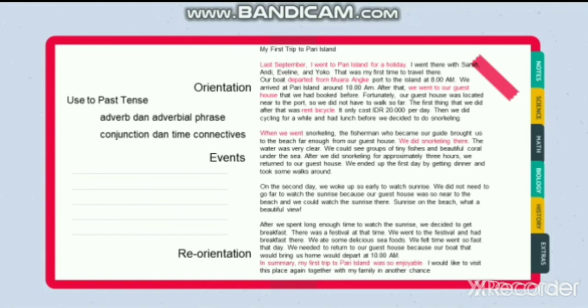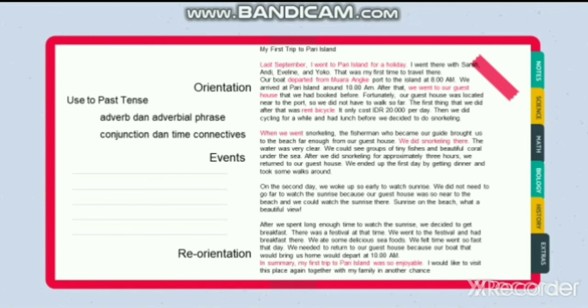Okay, and we went to our guest house. We rode bicycles with friends. We did snorkeling there. And the last, reorientation.